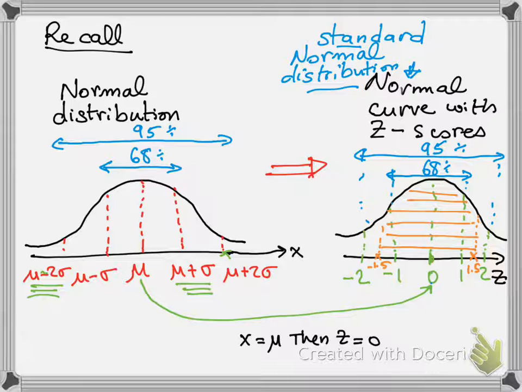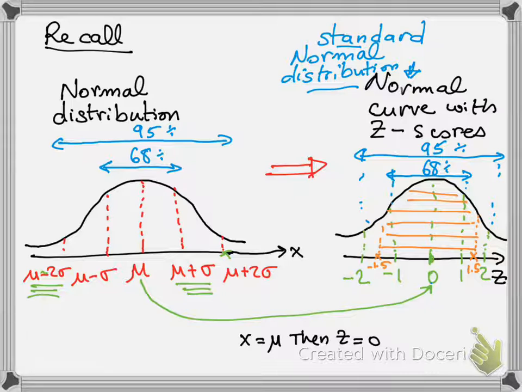We don't know yet what the probability or the area between -1.5 and +1.5 is.